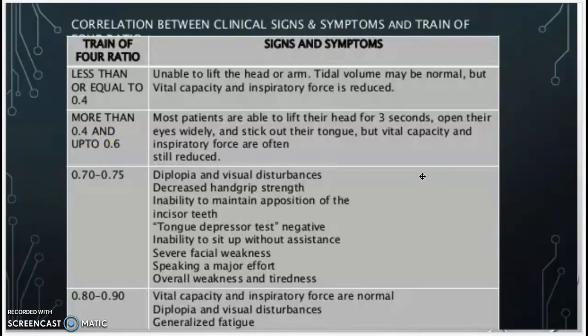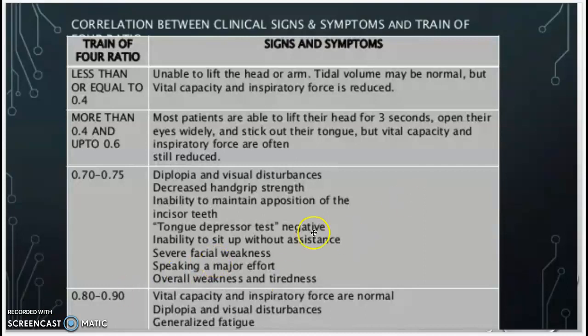If the patient has a good tidal volume, we are happy and think the patient recovered from neuromuscular blockade. But in fact, 50% of receptors can still be blocked. When TOF ratio is around 0.8 to 0.9, then vital capacity and inspiratory force become normal. So from this slide, I am trying to convince you that the clinical assessment we do is not sufficient to assess that the patient recovered from neuromuscular blockade.